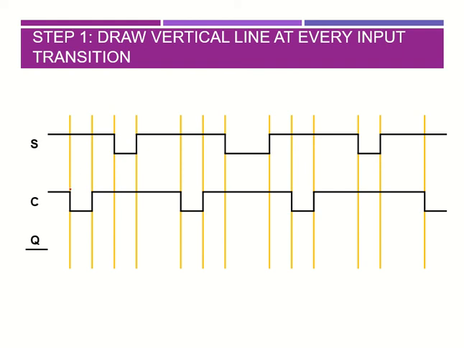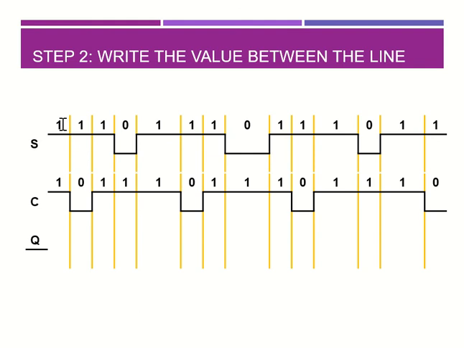Since they have an interval like this, just draw one big one, similar for every possible place. Then the next step is putting the value at each particular area. So for S you're going to have 1110 because there is a drop, 1111 011. For C also 101110 1110.